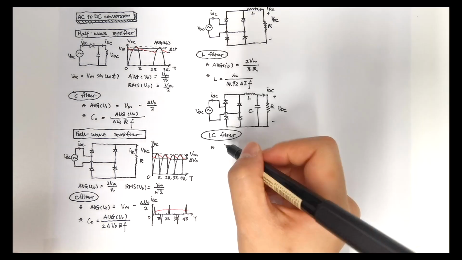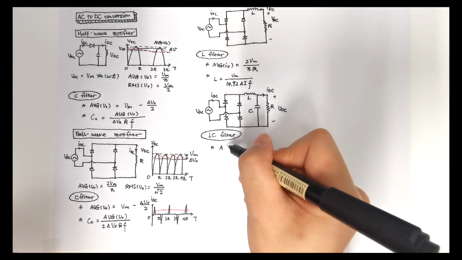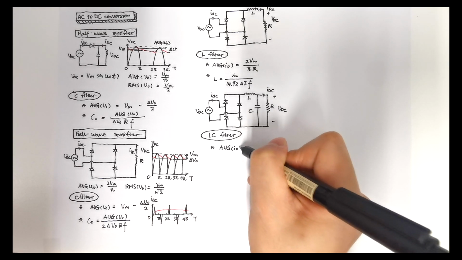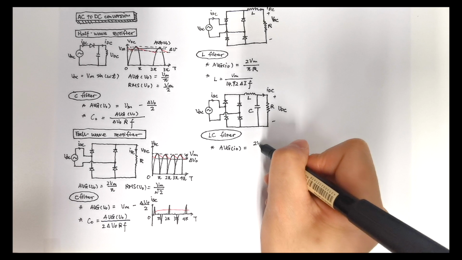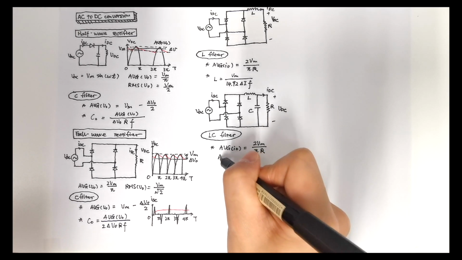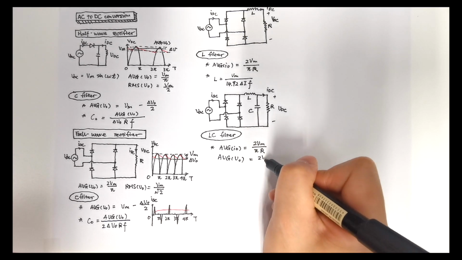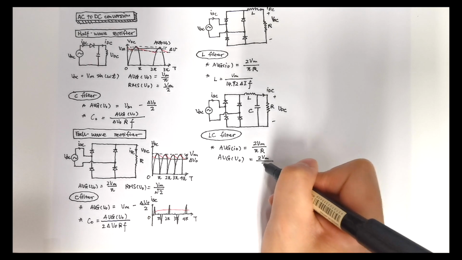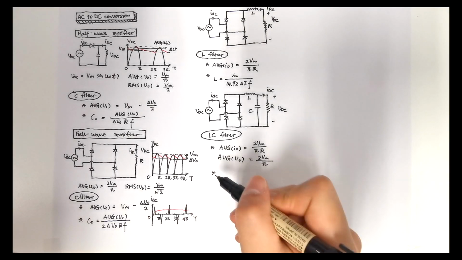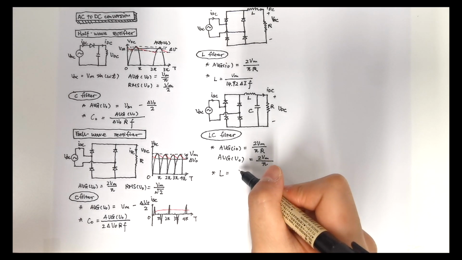The better way to smooth both current and voltage is using an LCL filter. The average current using the LCL filter is 2 Vm divided by pi times R, and the average output voltage is 2 Vm divided by pi. We use the same inductance calculation as when we only use the L filter.